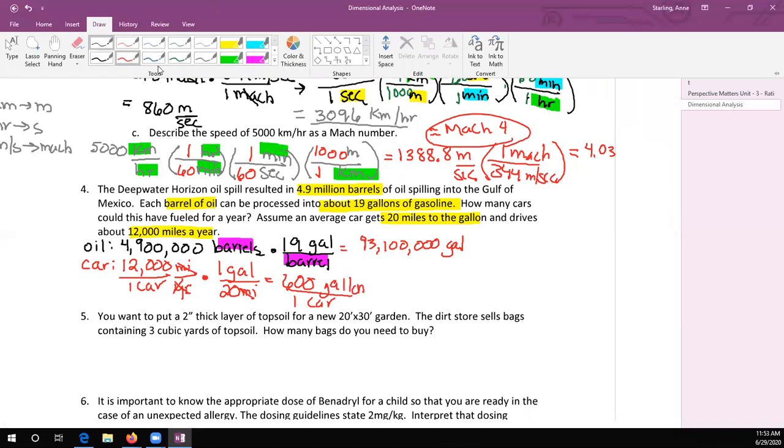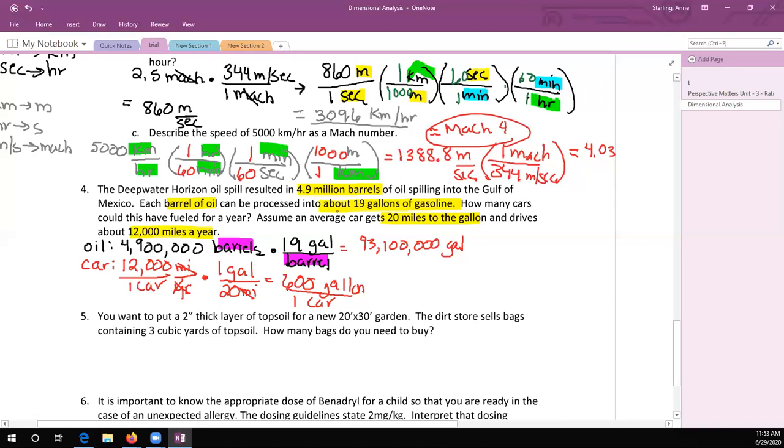And again, just try to step back from the problem a little bit and think, if I need to go 100 miles, my car gets 20 miles to the gallon, I'm going to do that division. Then over here, let's finish it off. There were 93 million gallons, and our conversion is that one car gets 600 gallons a year.